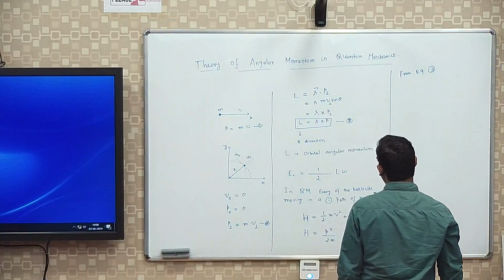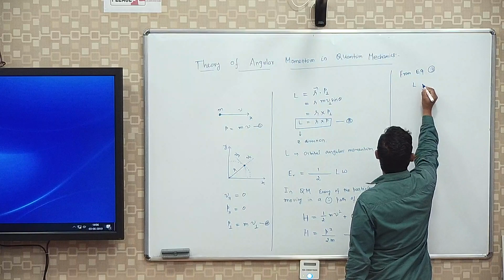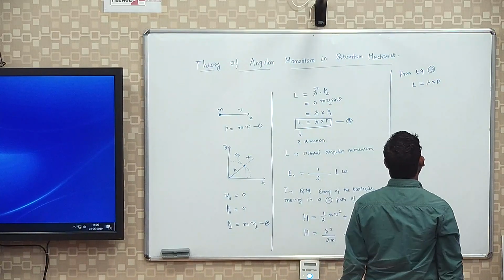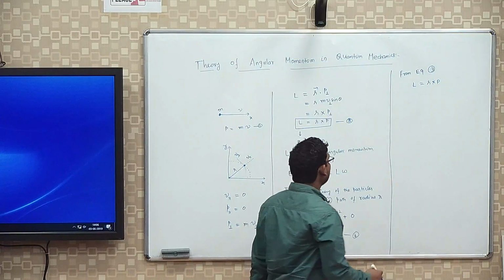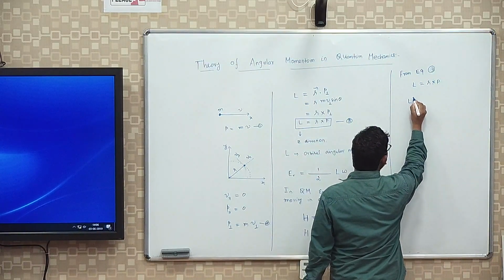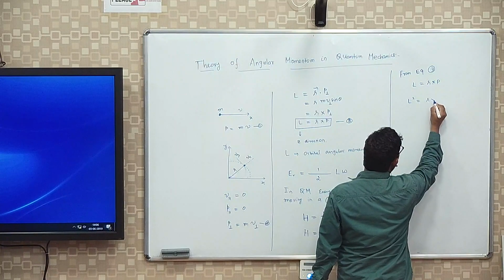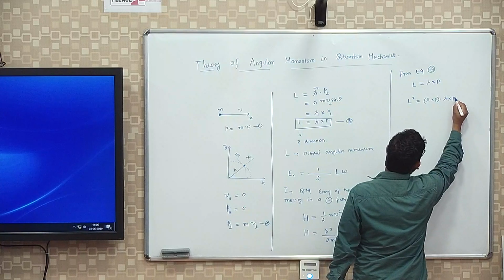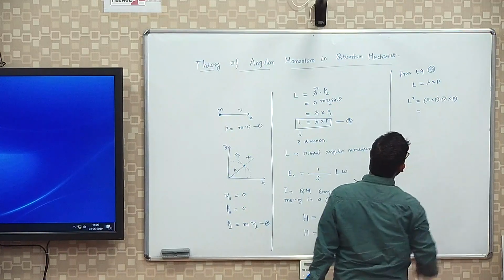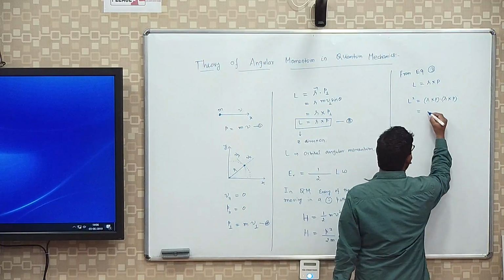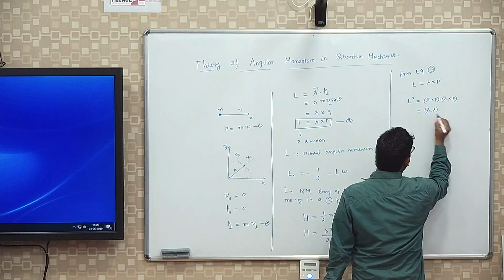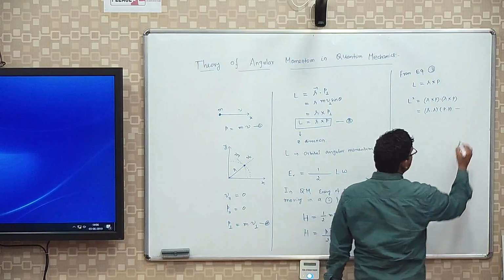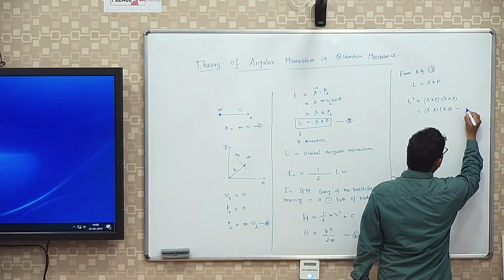the orbital angular momentum L is written as r cross p. If you take the total angular momentum squared, L squared, we can write it as r cross p multiplied with r cross p. So it will give you r dot r, p dot p minus some higher order terms.